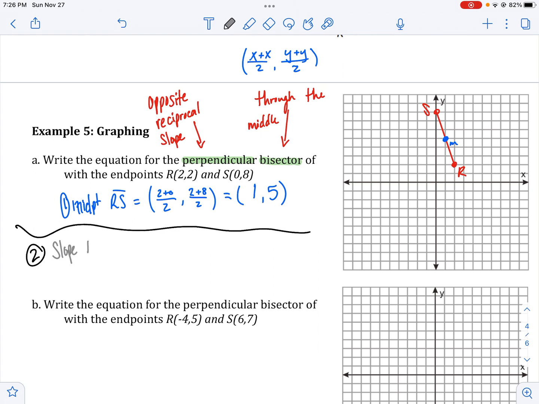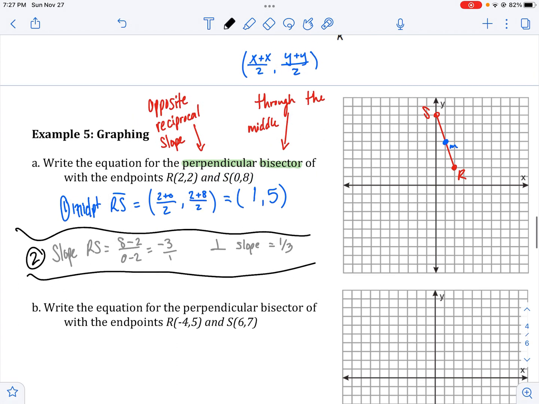So if my slope of RS, using my slope formula, y2 minus y1 over x2 minus x1, is 6 over negative 2, which is negative 3 over 1, then I want my perpendicular slope to equal 1/3.